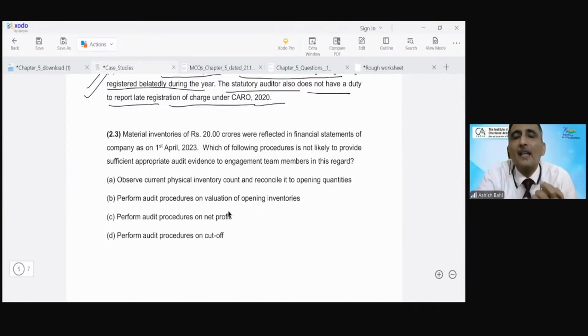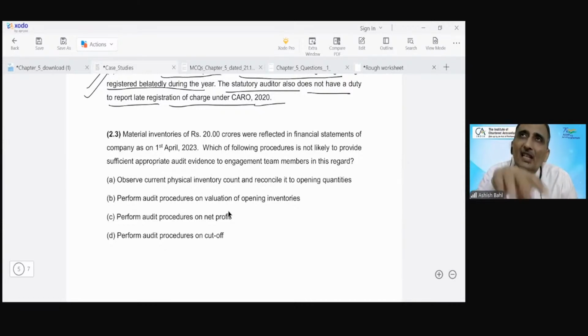Opening stock is coming in the financial statements as on 1st April 23. Opening inventories of 20 crores are coming. So which of the following is not likely to provide sufficient appropriate audit evidence to engagement team members in this regard?